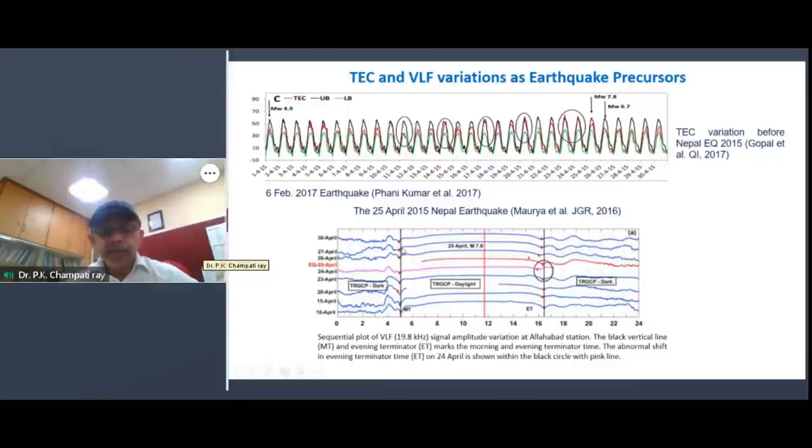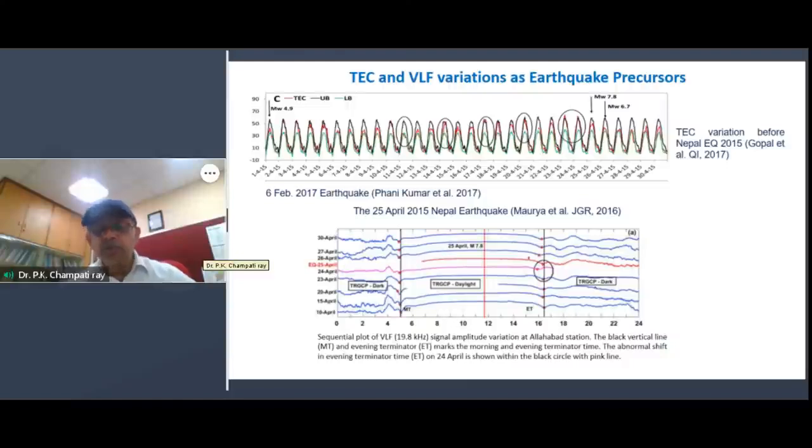And not only this electron content change that we reported from the GNSS observation, one paper by Maurya et al. in the Journal of Geophysical Research was also published. That is about very low frequency wave propagation. The VLF sensors transmit the wave, it goes beyond the ionosphere, comes back, and is received in Allahabad, India, and various locations.